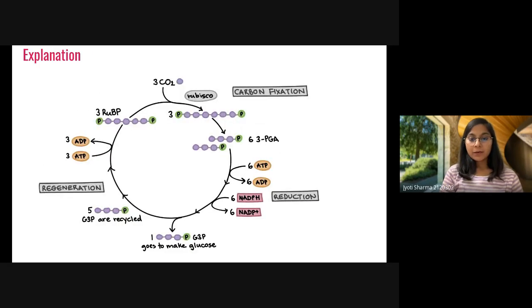Just see here, 6 ATP were used, and these ATP were changed into ADP. And again, in the next step, 3 ATP were used, and that gave 3 ADP. These ATP are used because to change a compound or any composition, we need energy, and we can get this energy from ATP.